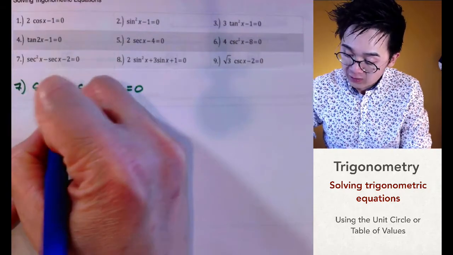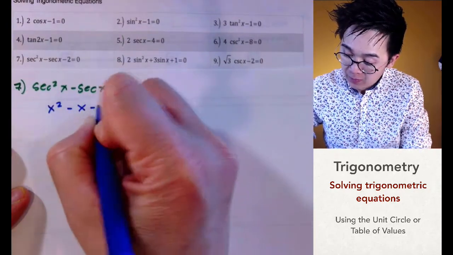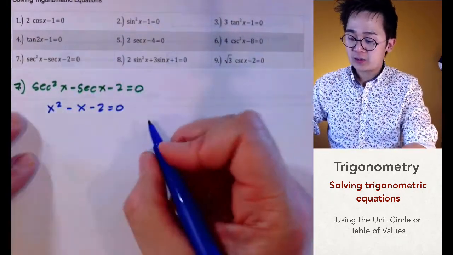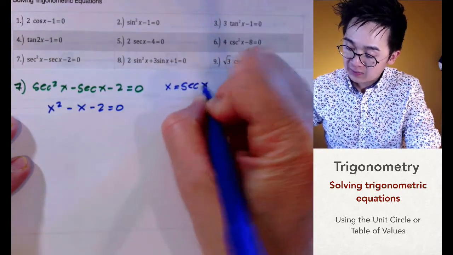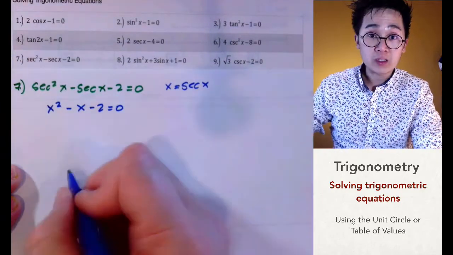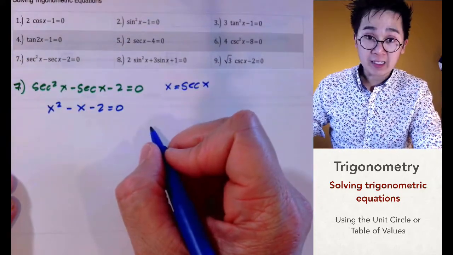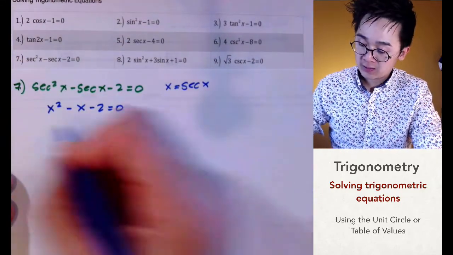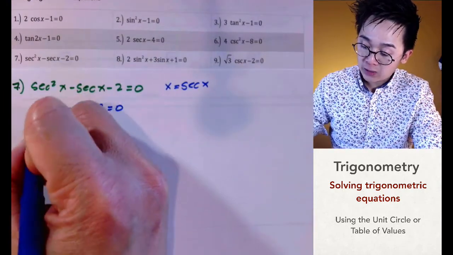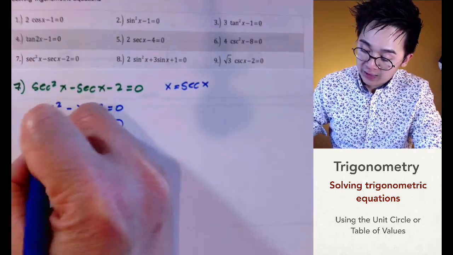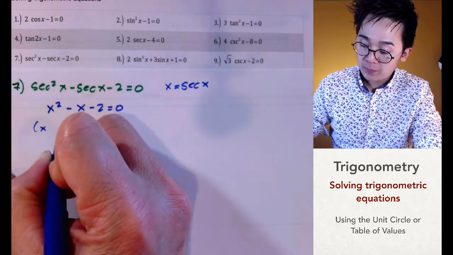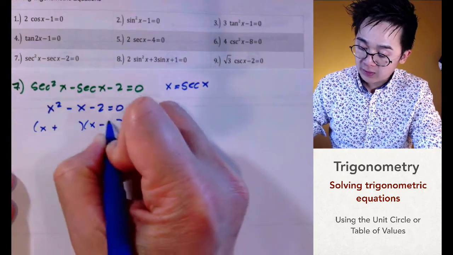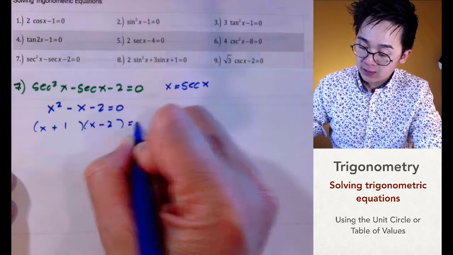So we have x squared minus x minus 2 as its translation, because we can equate x as secant x, and later on we're going to change it back to secant x after we evaluate this. Since this is a quadratic equation that's factorable, the factors of negative 2 that give you negative 1 when you add them up would be positive 1 and negative 2, so x plus 1 times x minus 2 equals 0.